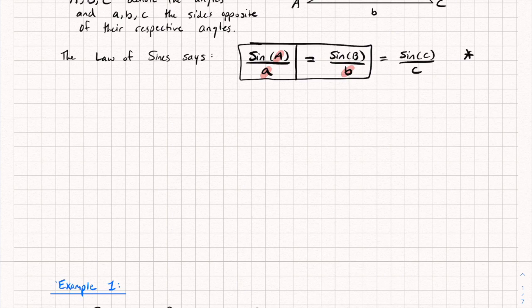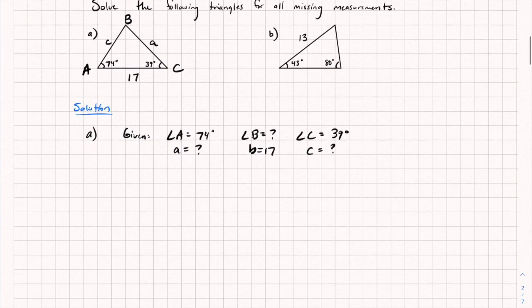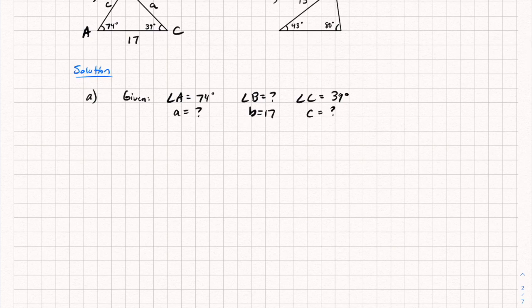I need to know angle A with its opposite side, or I need to know angle B and its opposite side. And that's what dictates the triangles that we are allowed to use law of sines for. I have to be able to pair up or know those two pieces. And here I don't, right? If I have angle A, I don't have its side. I don't know angle B, but I know its side. I don't know angle C, and I don't know its side.